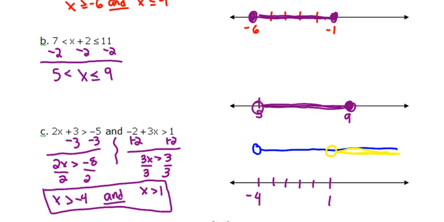So my final graph has an open circle at 1, and I am going to the right. So technically, I really don't need x is greater than -4 and x is greater than 1. I just need x is greater than 1.